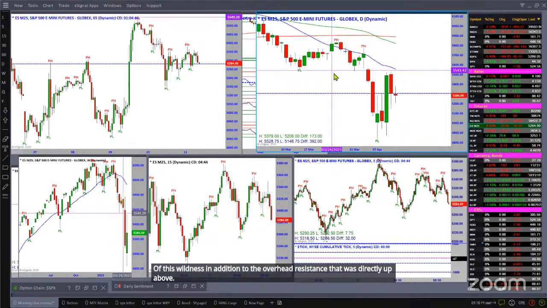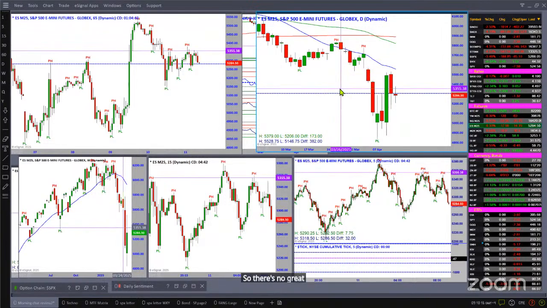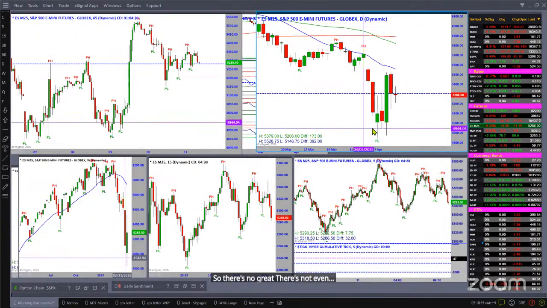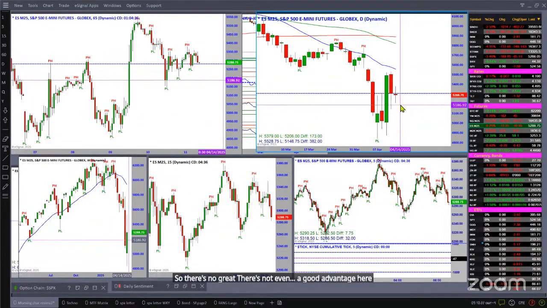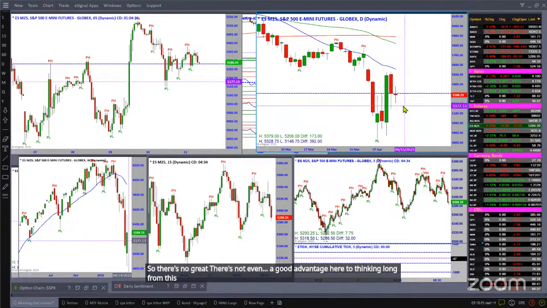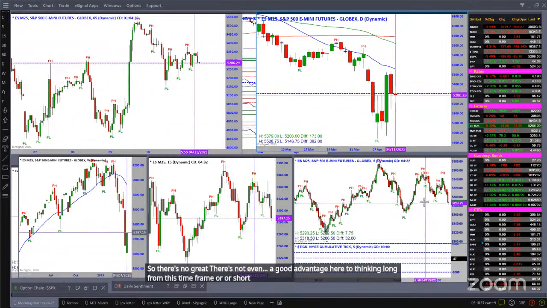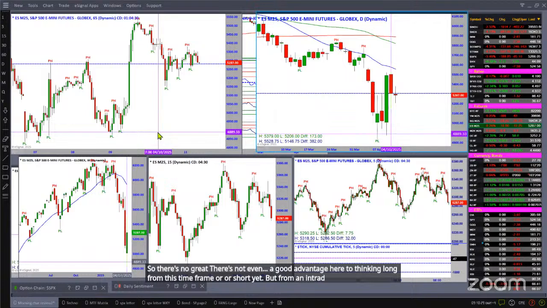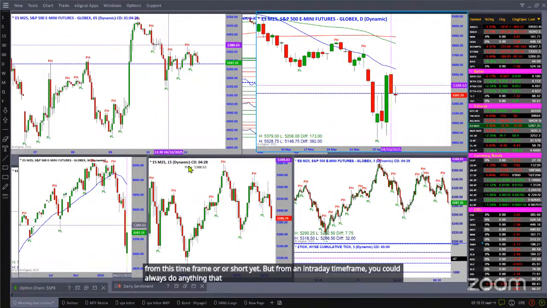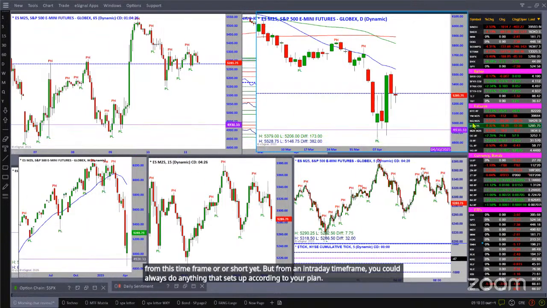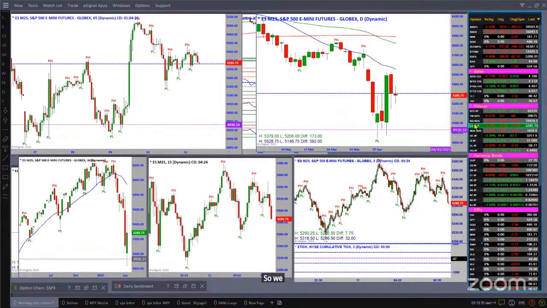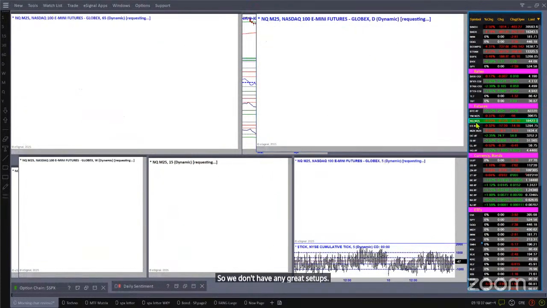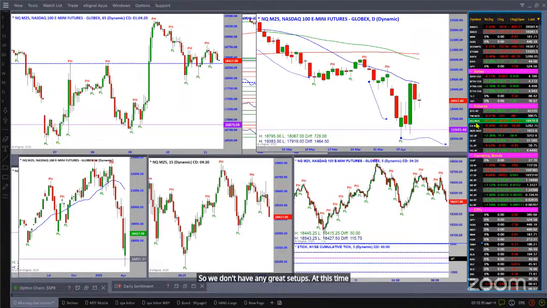There's not even a good advantage here to thinking long or short from this time frame yet. But from an intraday time frame, you could always do anything that sets up according to your plan. And so we don't have any great setups at this time from any swing trading perspective.